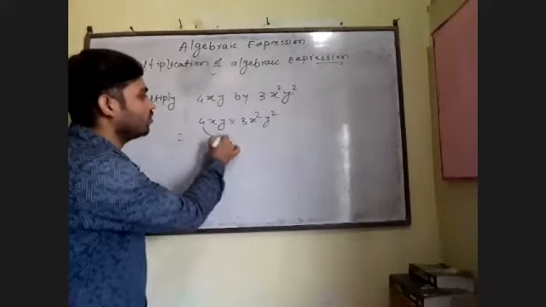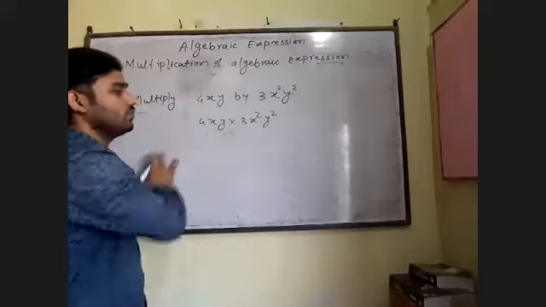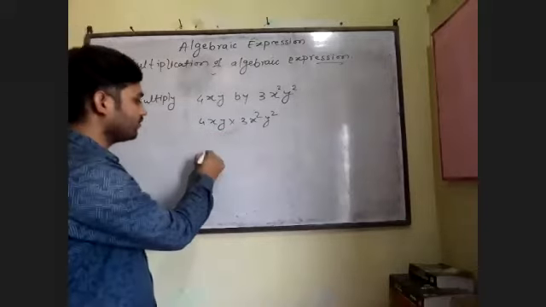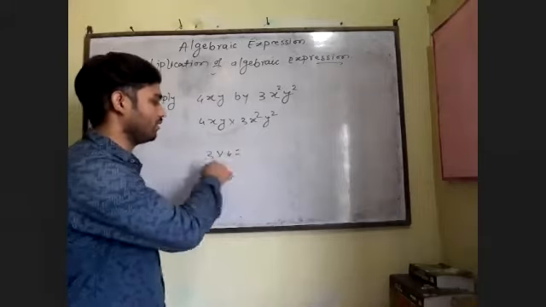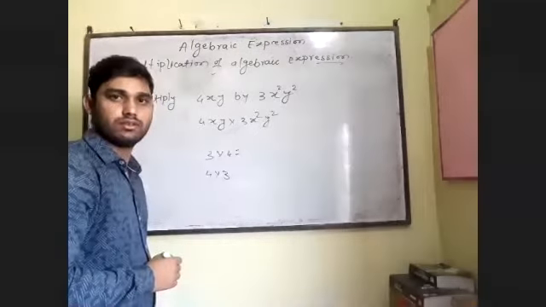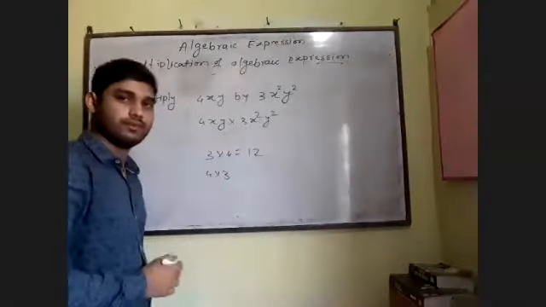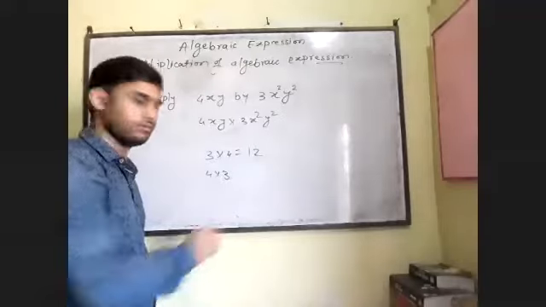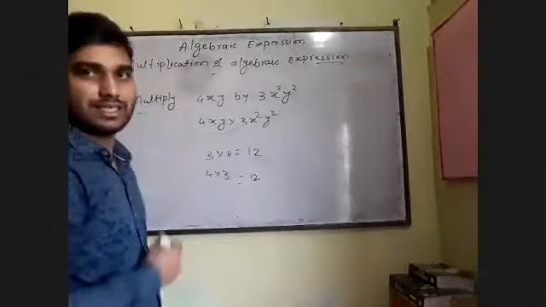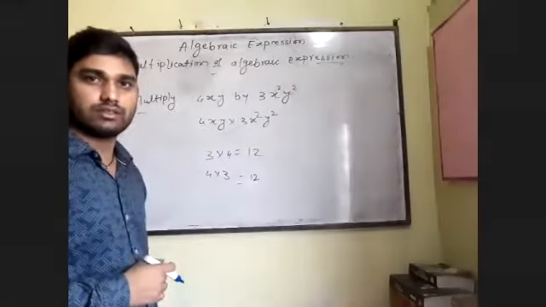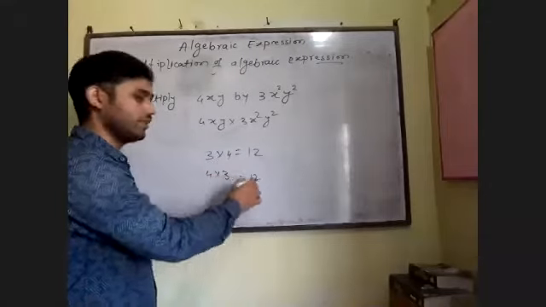See, these two we have to multiply. So first we are going to multiply. A few things we should know. If I write 3 into 4 or 4 into 3, what do we get? 12. 3 into 4 is 12, 4 into 3 is 12.